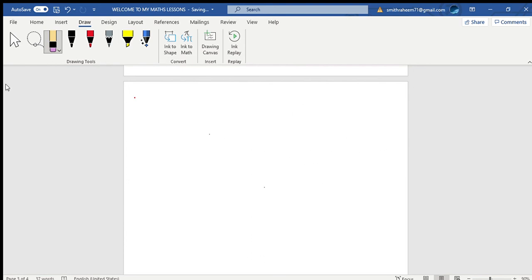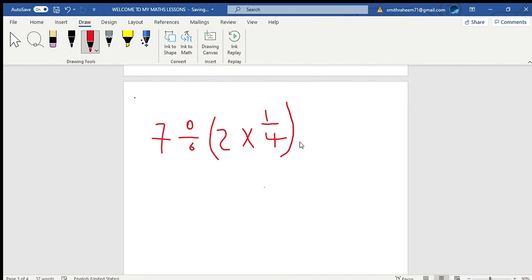Alright, so I want to do the last problem. Let's do it in the red. So let's say you have 7 and you divide this 7 by 2 multiplied by, let's say you multiply this by a quarter, then you subtract 14.